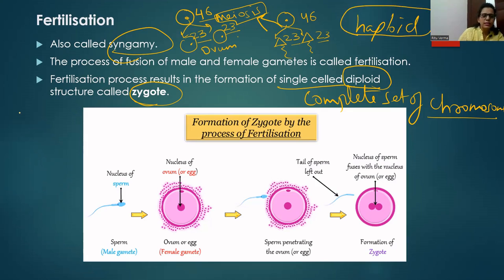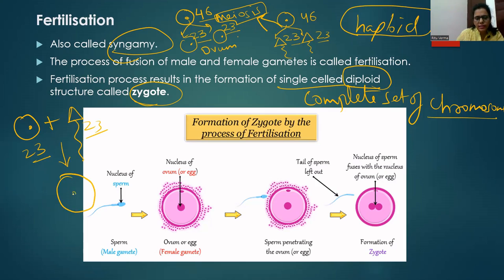Now, this is an ovum and this is a sperm, each with 23 chromosomes. For the process of fusion, fertilization, these 2 gametes come close and fuse, and they produce a single cell structure called the zygote.